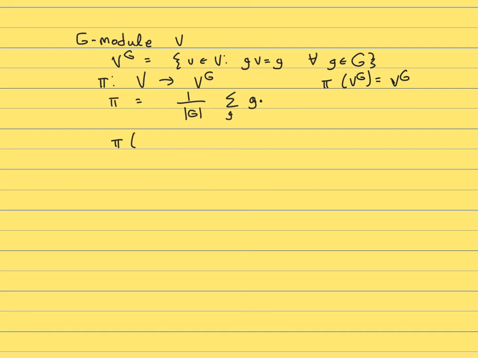So you compute pi of h times any vector. It's 1 over |G|, summation over every element g, of g times hv. We want to get an h outside, so the cleverest way to do that is to cleverly multiply by h h inverse.